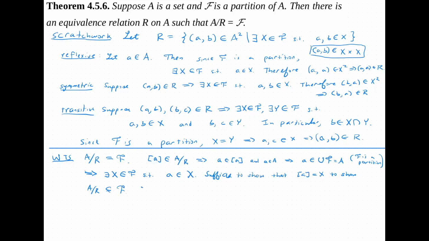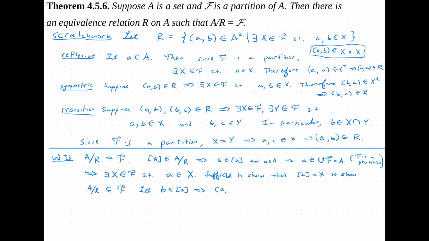So let's go ahead and choose b in the equivalence class of a. If we choose a b in the equivalence class of a, that tells us that (a, b) are in the same equivalence class.